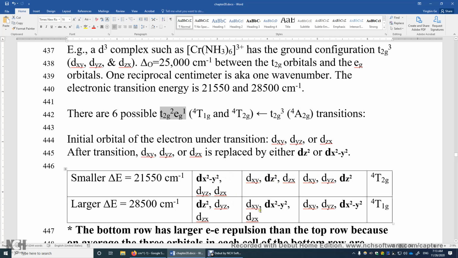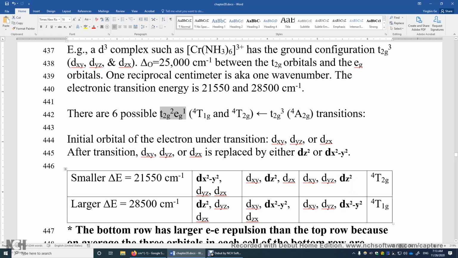Also, we can do the transition this way. Over here, dxy is not replaced by dx squared minus y squared. It's replaced by dz squared. Over here, dyz is not replaced by dz squared. It's replaced by dx squared minus y squared. Over here, dzx is not replaced by dz squared in the top row.